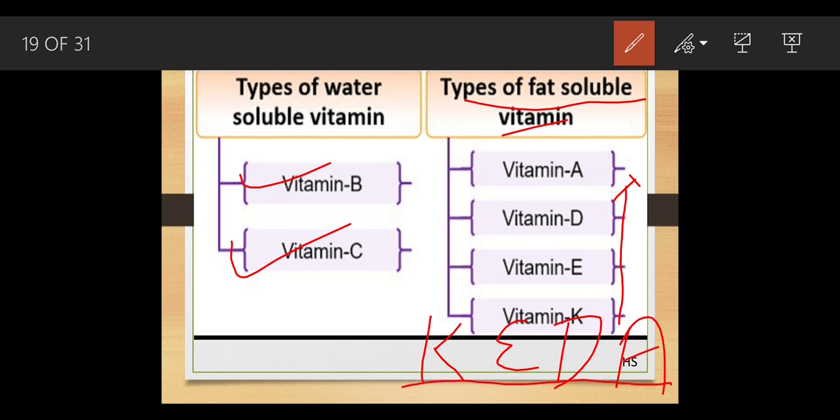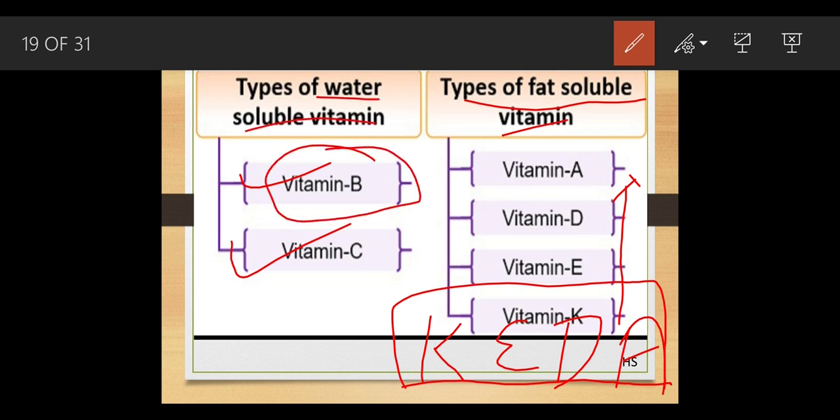Kida. So if anyone asks you what the fat soluble vitamins are, you can use the shortcut Kida: K, E, D, A.